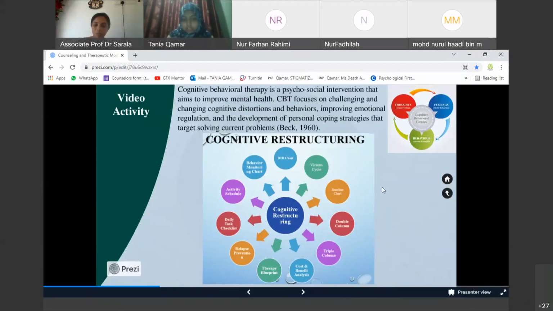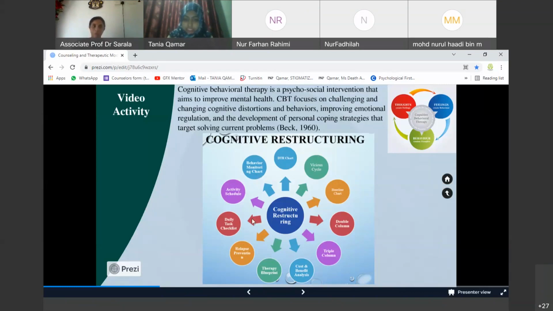So here I mentioned some strategies of cognitive behavior therapy, and all these strategies we basically use under the cognitive restructuring of cognitive behavior therapy. Firstly, I want to share that cognitive restructuring is the basic technique of CBT, and all these strategies are types of cognitive restructuring.